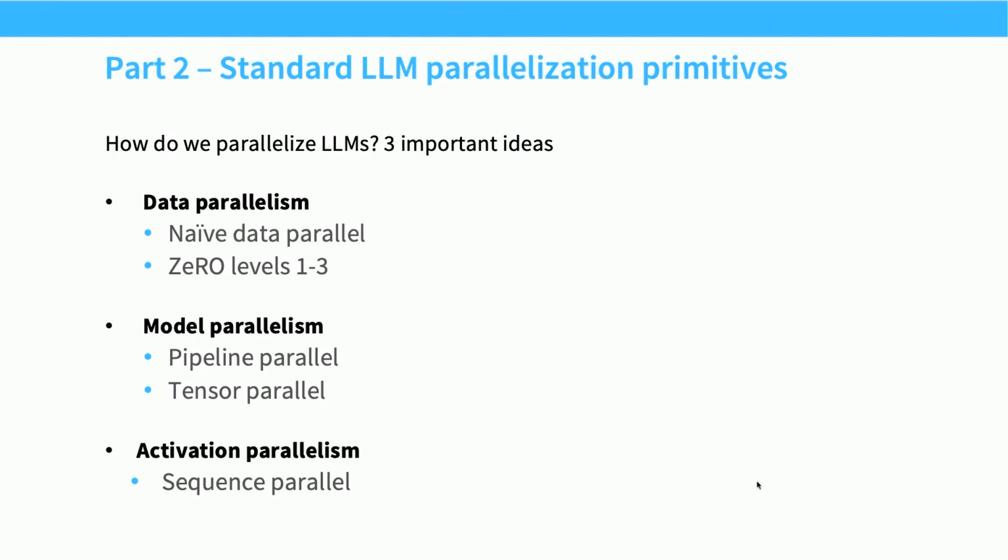Okay, good. So now the second part of this lecture is going to be the bulk of the content. And these are the algorithms that we will use to parallelize language models. There are going to be a couple of different important ideas. Actually, these should probably be grouped. Data parallelism is one set of ideas for taking the data that you're going to train on and distributing it across GPUs, so the data is what moves around.